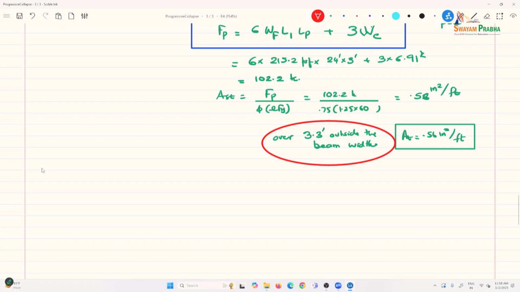Then the second thing is the transverse peripheral tie. The load calculation is the same.